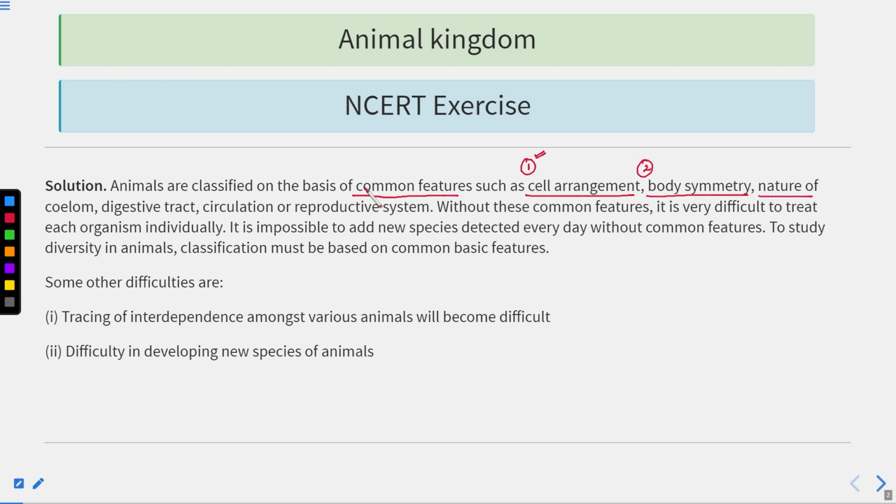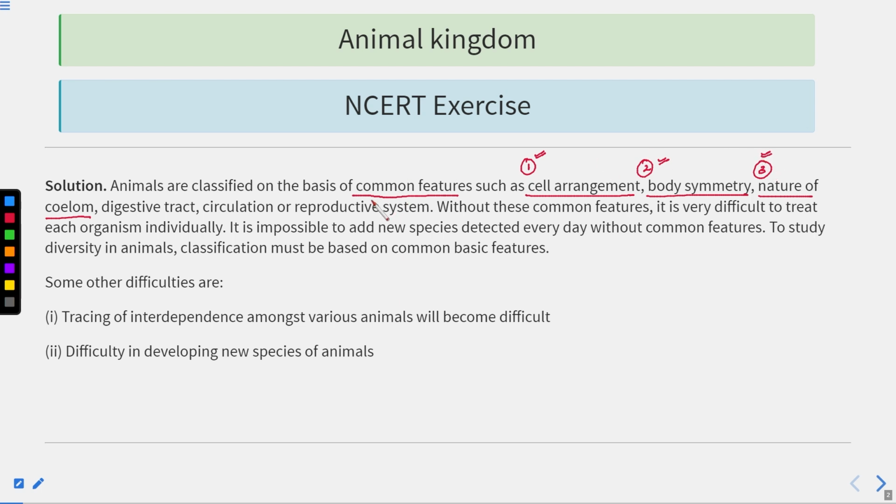Nature of coelom, the body is having true coelom or pseudocoelom or acoelomate. Sometimes they are acoelomate also. So these are some of the very basic important features that we do consider for classification.